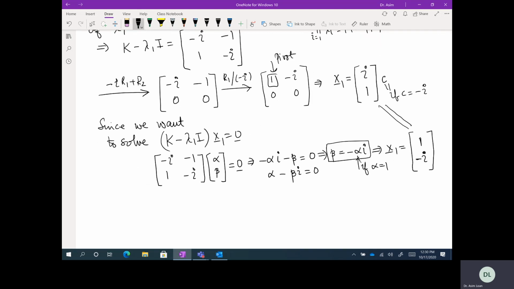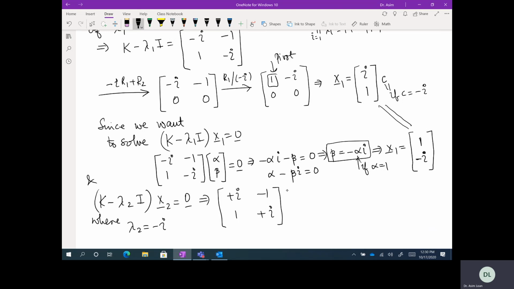Okay, and what about lambda 2? (K minus lambda 2 I) times x2 is equal to 0, where lambda 2 is minus iota. So this will become plus iota, minus 1, 1, plus iota, times alpha, beta, equals 0.